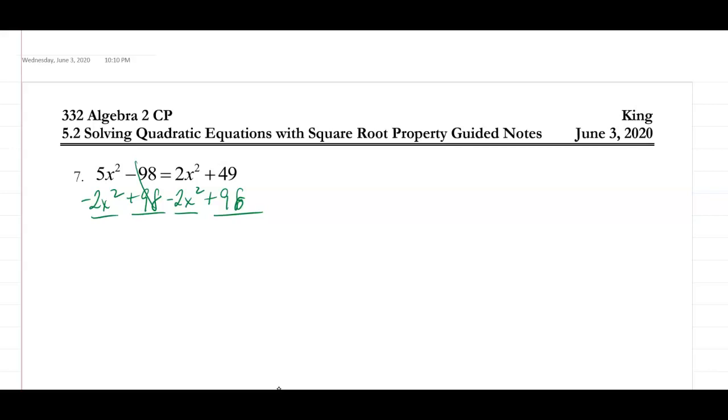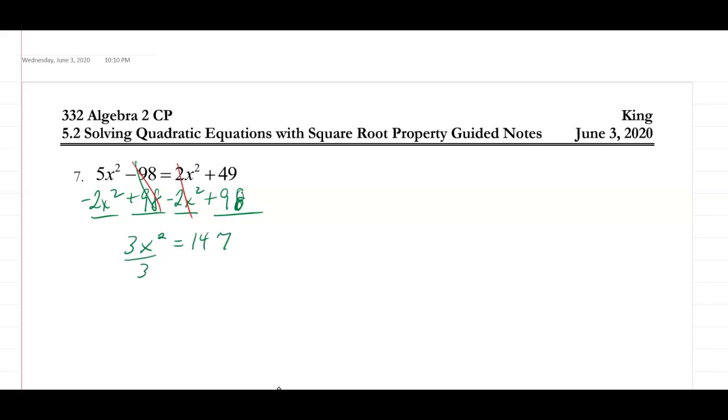So you may not have done this before, but it is perfectly fine to add 98 to both sides and to subtract 2x squared from both sides. And this is going to give us 3x squared on the left. And on the right, well, 8 and 9 is 17, so we're going to get a 7, and then 147 here.